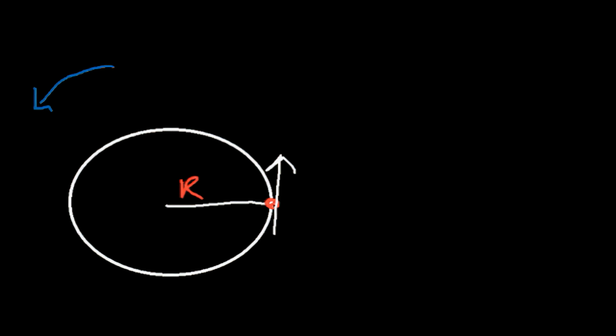Now what about acceleration? Whenever an object changes direction, there's always a centripetal acceleration, also known as a radial acceleration. Now, at this point, the object has a tangential acceleration, which is tangent to the circle. It's in the same direction as the tangential velocity.